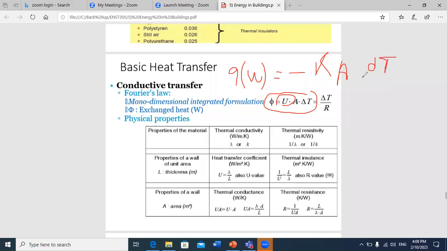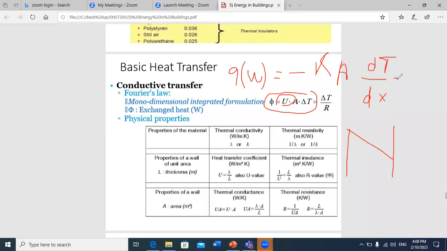And then if we consider a certain thickness of the wall, we know that in case of pure conduction, the variation of temperature within the wall will be linear. So we can say that we take the absolute value of temperature change over the thickness.